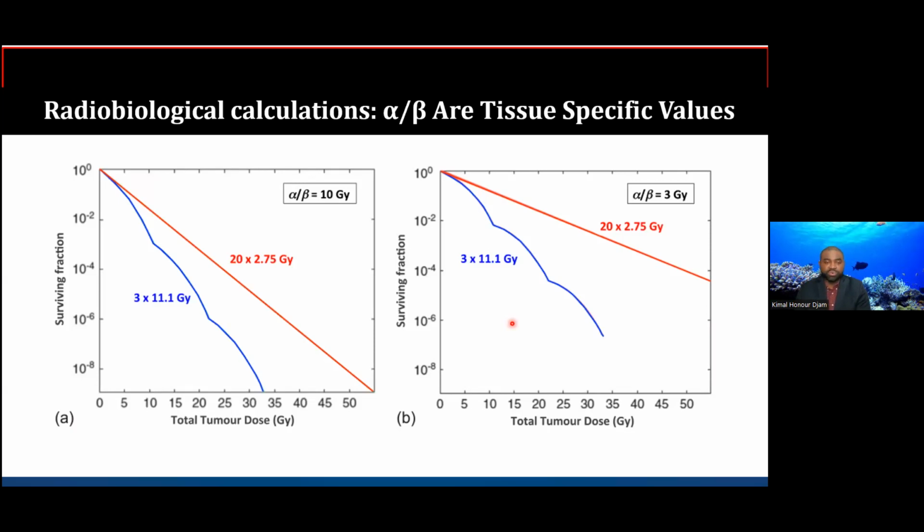Now, this is important. When the alpha-beta ratio is large, this implies that the linear term predominates. And so the slope of the log of the survival fraction against the dose curve will be relatively straight.